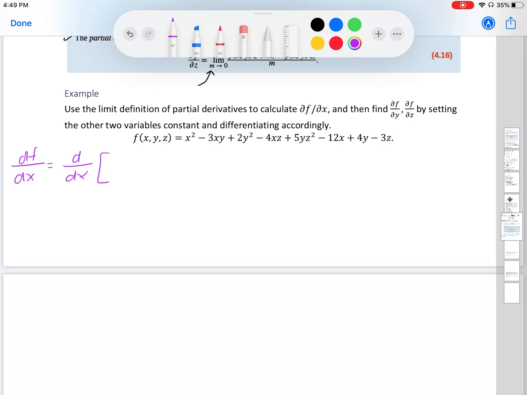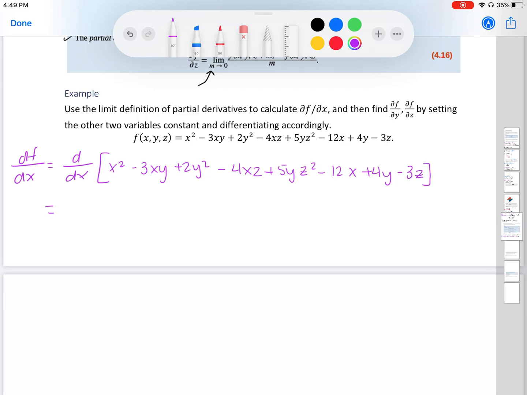So we're going to apply the partial derivative to our function x squared minus 3xy plus 2y squared minus 4xz plus 5yz squared minus 12x plus 4y minus 3z.